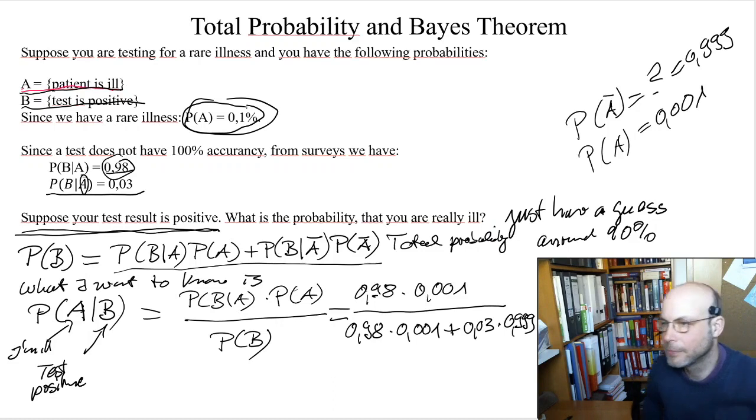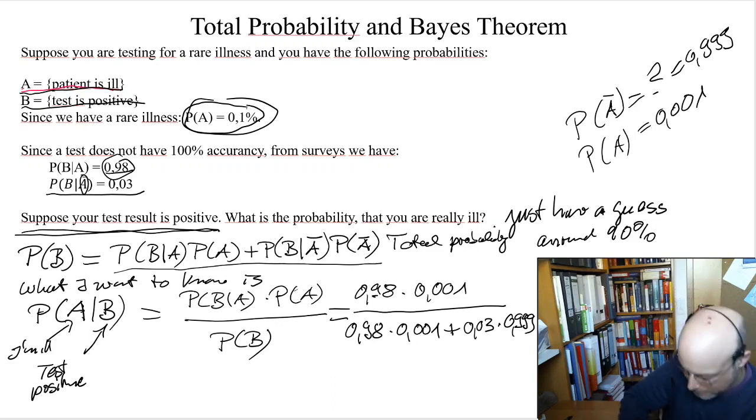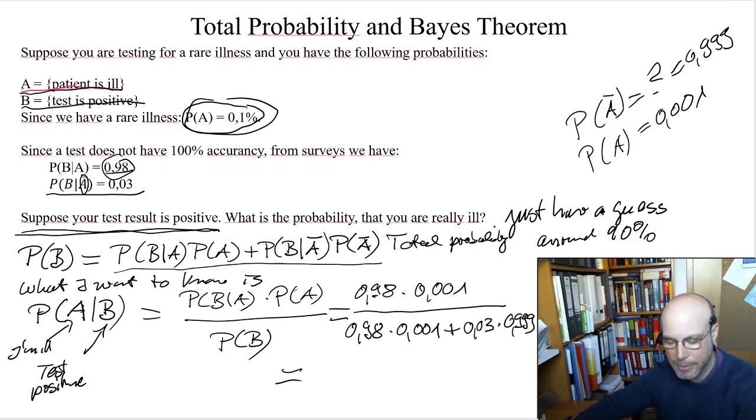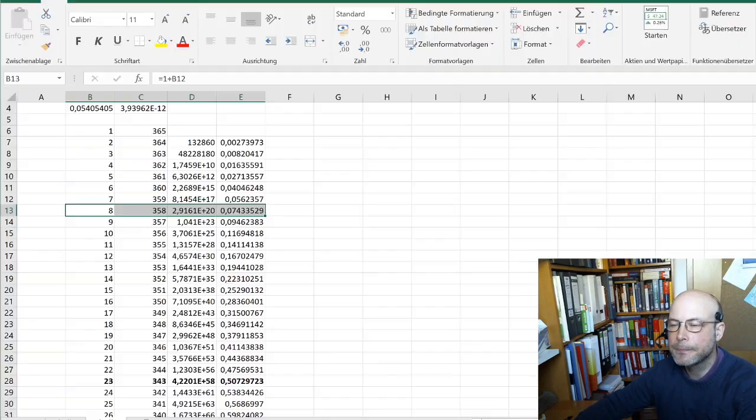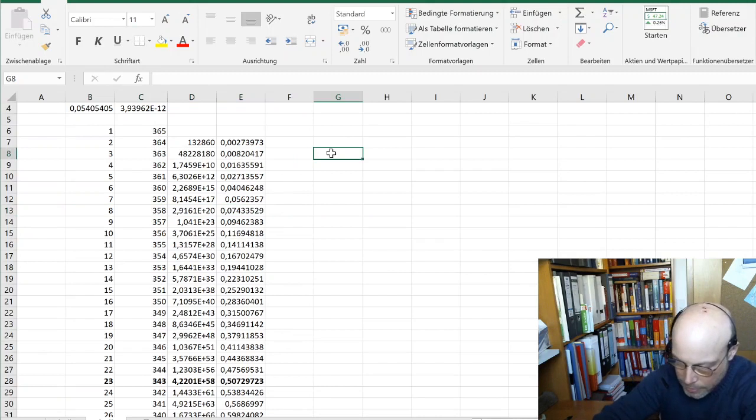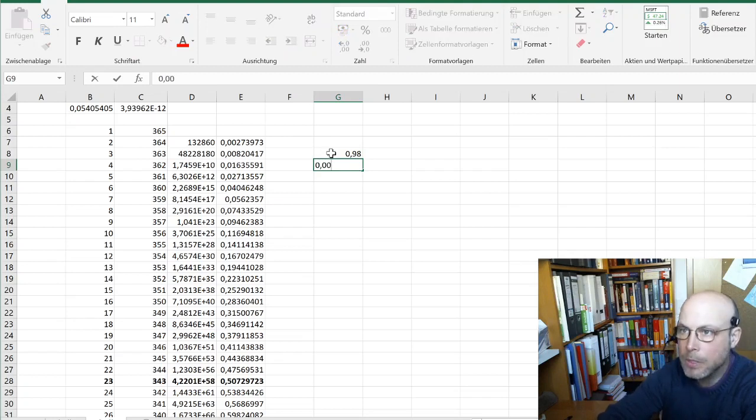So then you can also calculate it. I will do it again in Excel. So what did we have? We had 0.98. We need 0.001.